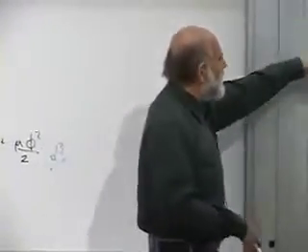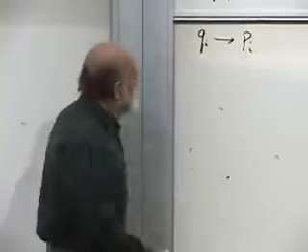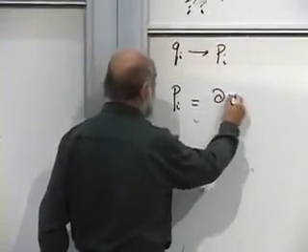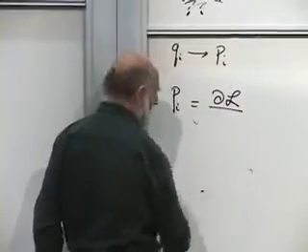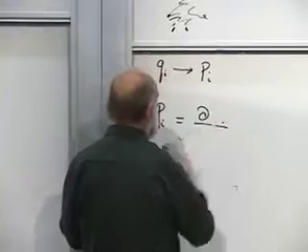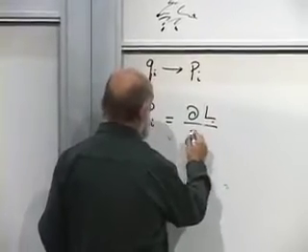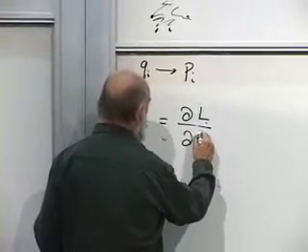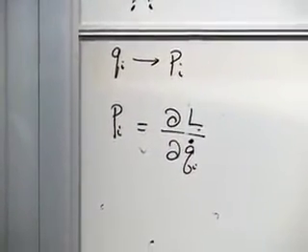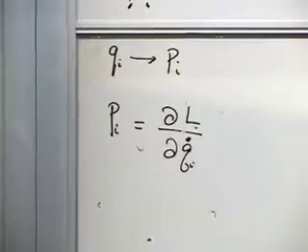But what is the definition of p sub i? P sub i is by definition the derivative of the Lagrangian with respect to q sub i dot. It's the thing in the left-hand side of Lagrange's equation.